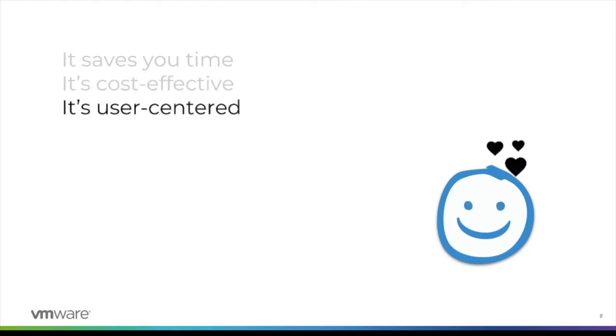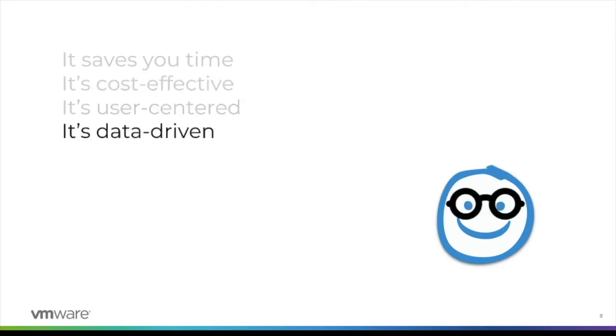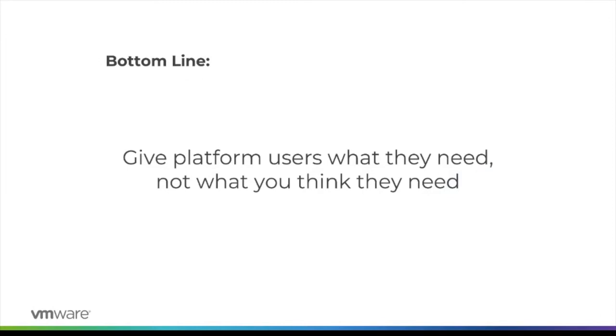It's user-centered and it's data-driven. Gathering data from users, including usage data, validates our next steps for the product. The bottom line is we give platform users what they need, not what you think they need.